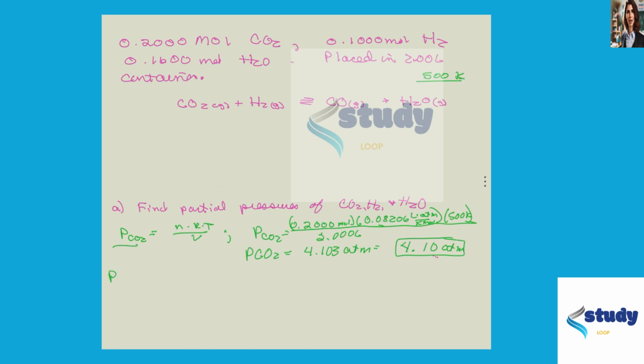Now my pressure of H2 will be the same type of calculation, and the only thing that will be different is 0.1000 moles of H2 times 0.08206 L atm per K mol times 500 Kelvin divided by 2.000 liters. This will be half of what I had, 2.05.